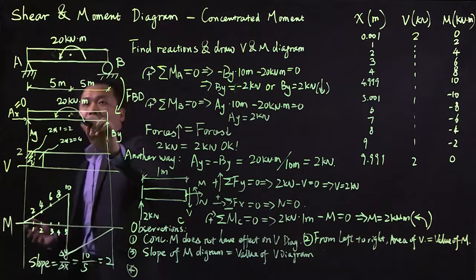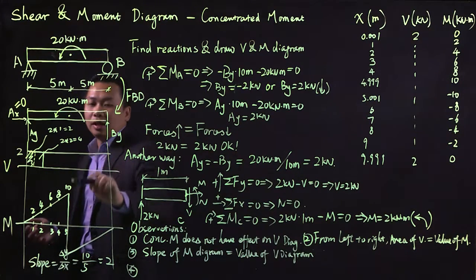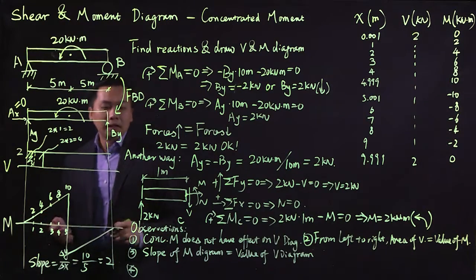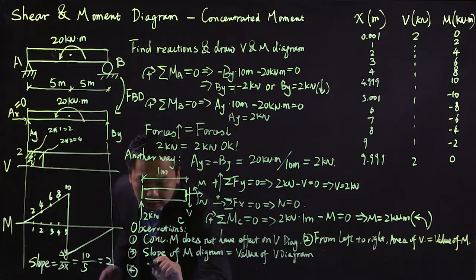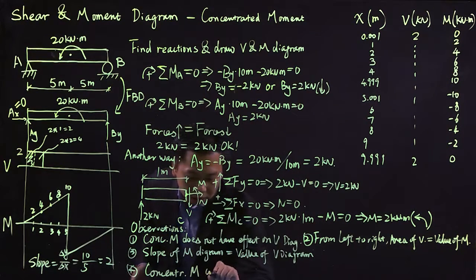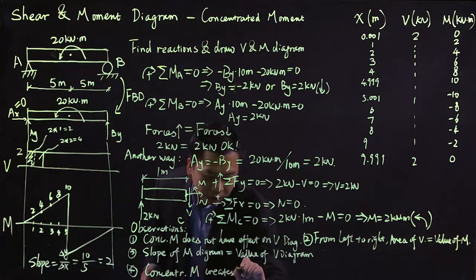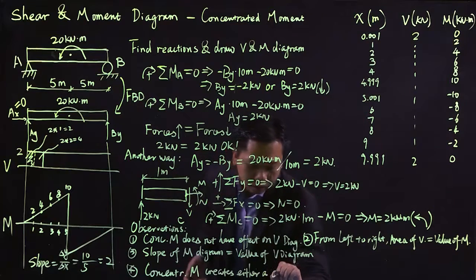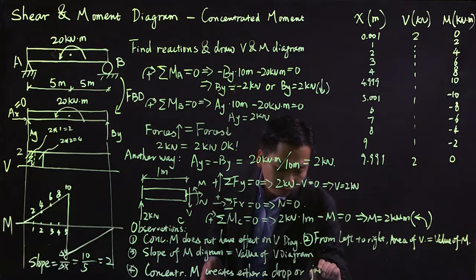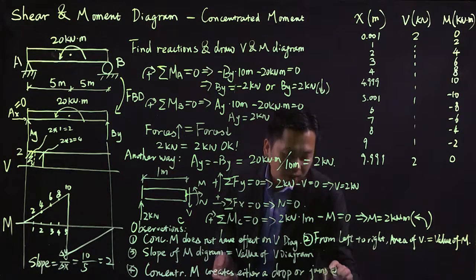The fourth observation: at the location where you have a concentrated moment, the moment diagram has a drop. The concentrated moment will create either a drop or a jump in the moment diagram.